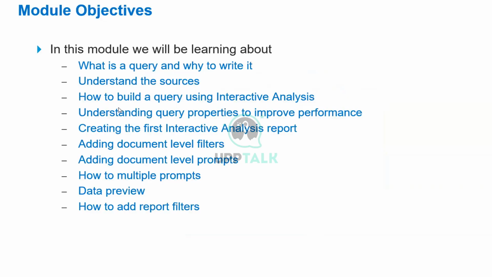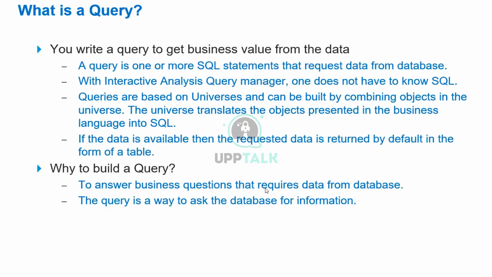We have covered what sources are available, how to build a query using interactive analysis, understanding query properties to improve performance, creating the first interactive analysis report, adding document level filters, adding document level prompts, how to add multiple prompts, the data preview, and how to add report filters.